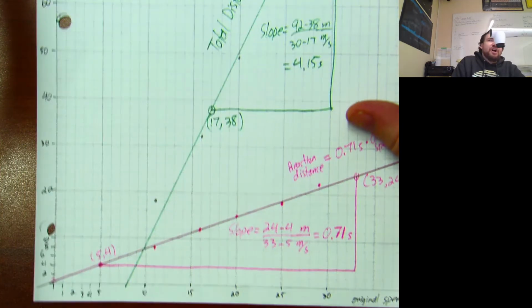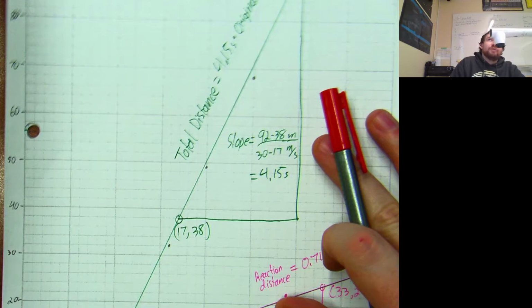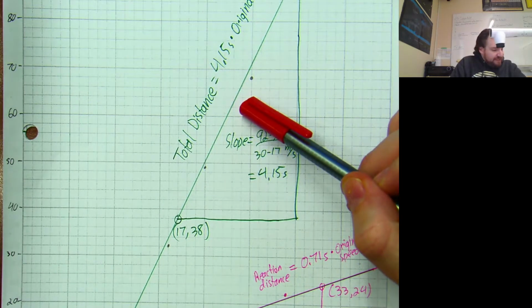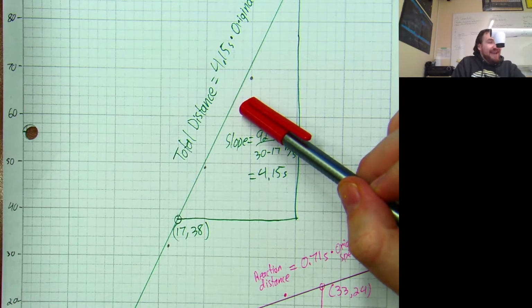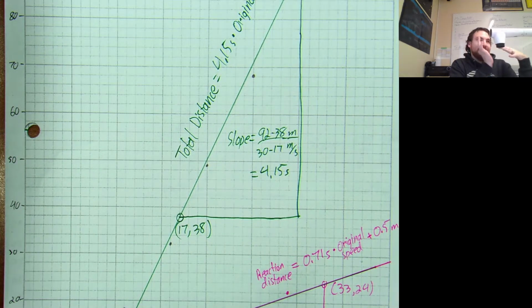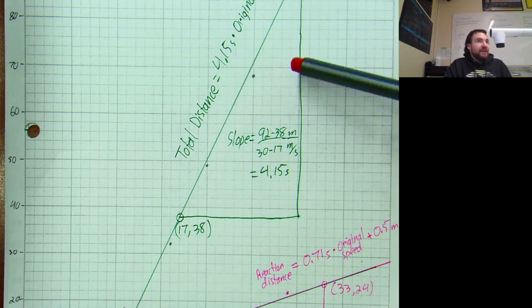0, 0 is not a point I would include on the total distance, because the total distance is made up of some weird pieces. It's made up of a reaction distance and a braking distance. Two different physical situations are coming together to give us our total stopping distance information.